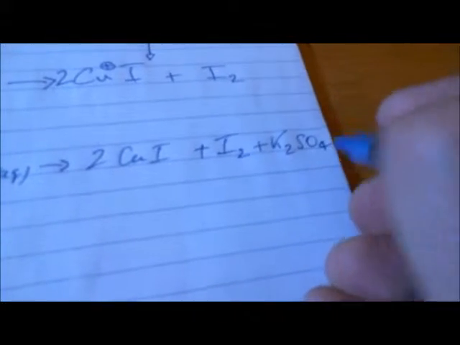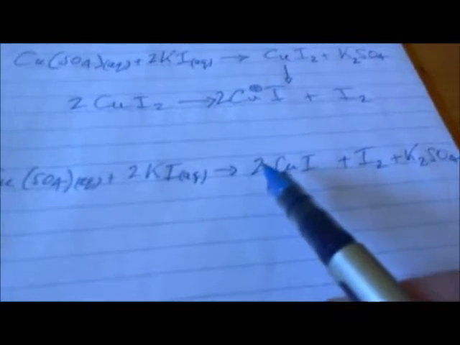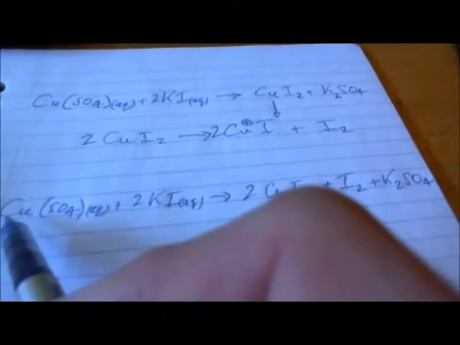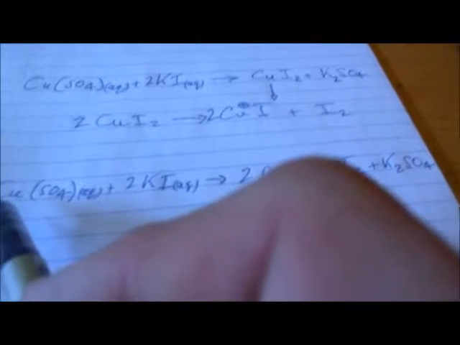I'll take the potassium sulfate as we've written initially. But what we have now is an unbalanced formula because we've got 2 coppers here and we've only got 1 on this side.